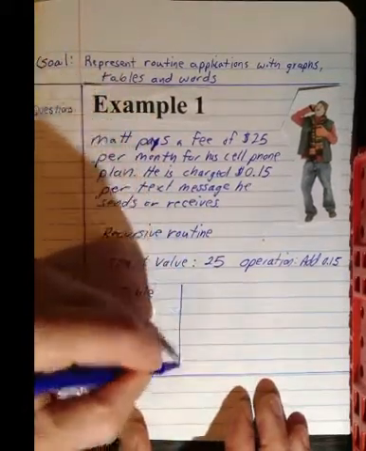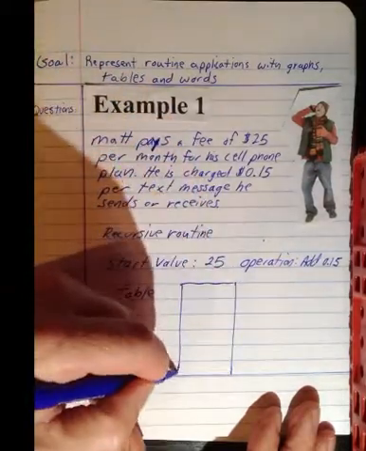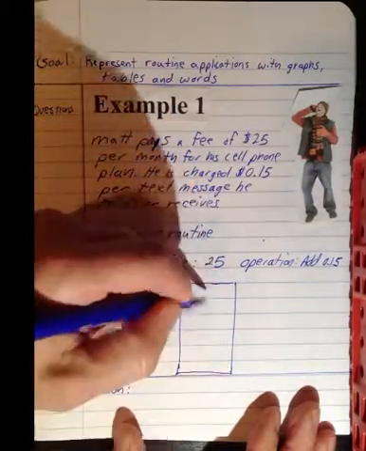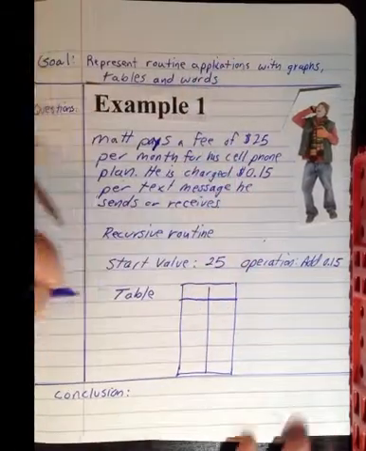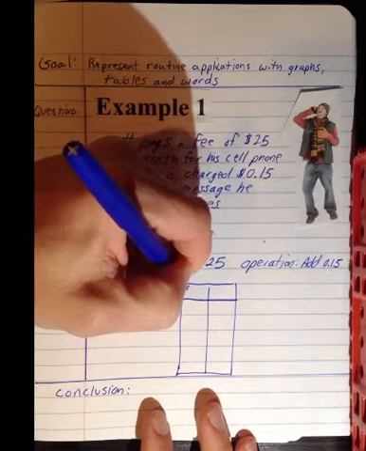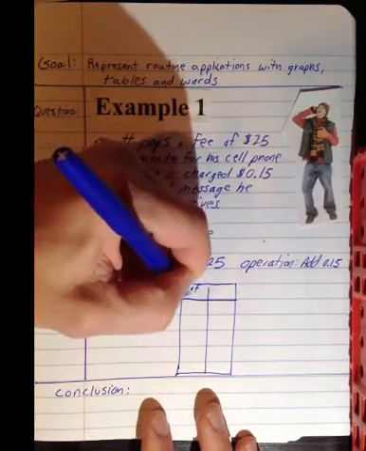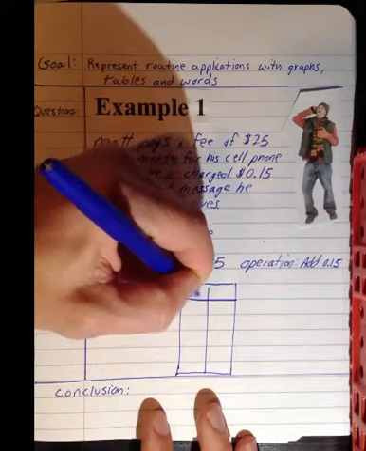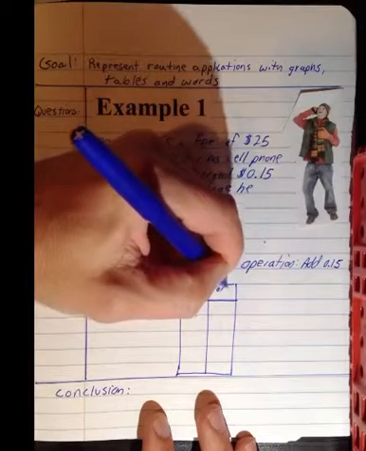So let's make a table. On one side of the table, we're going to have the number of texts, and on the other side of the table, we'll have his total bill, how much he pays monthly.